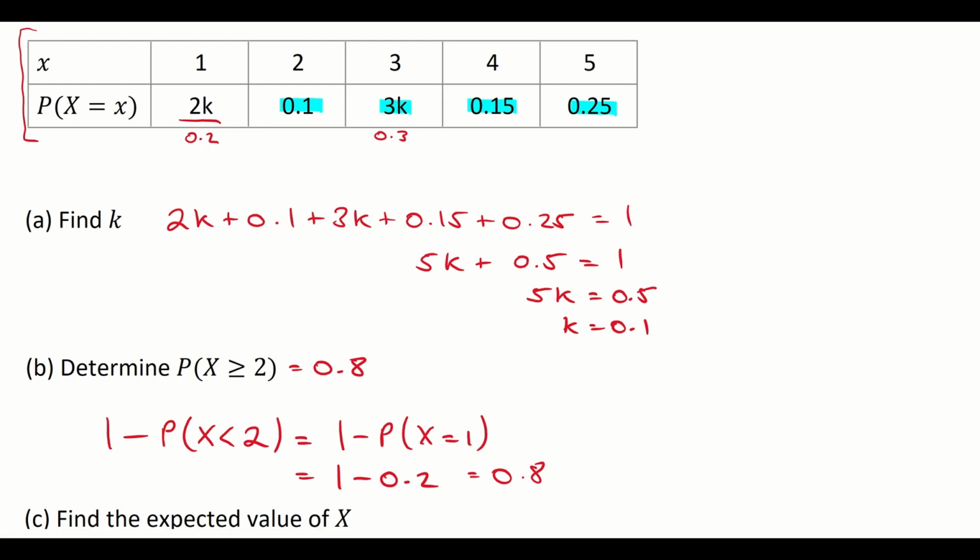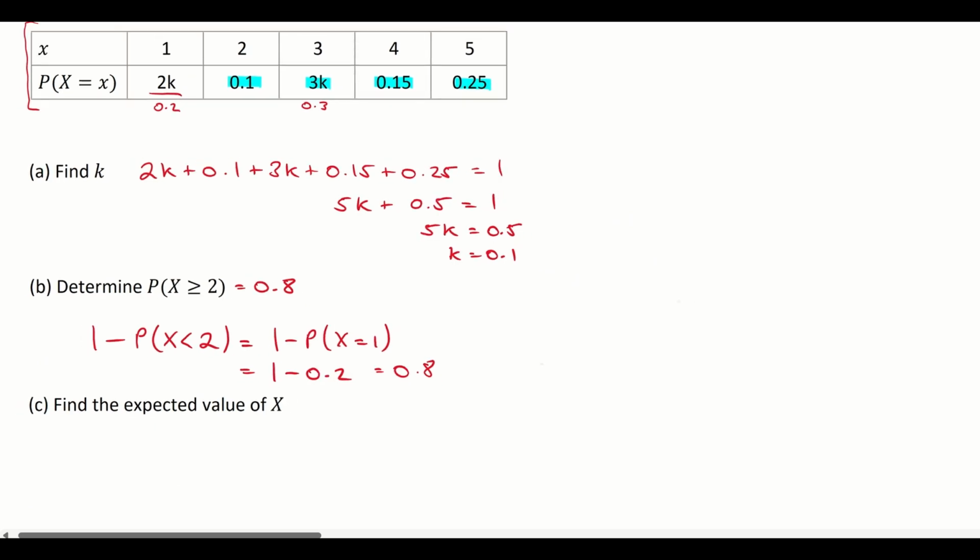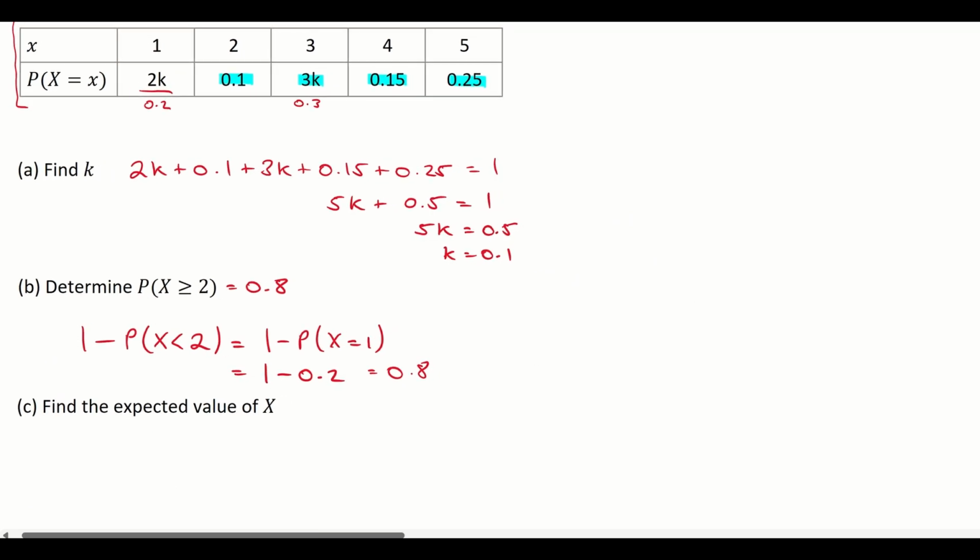So whichever way you choose to do it, totally up to you, but it's good to be aware of both ways. And then finally, we've got to find the expected value of x. So remember, that's just the sum. So the expected value of x is just the sum of all of my x's times the probability that they occur.